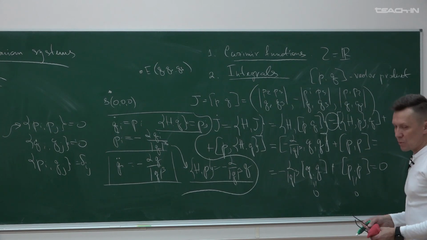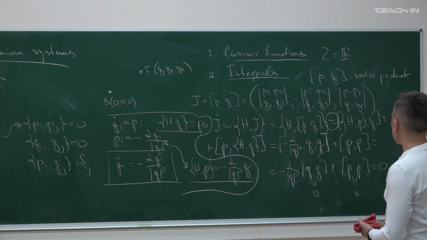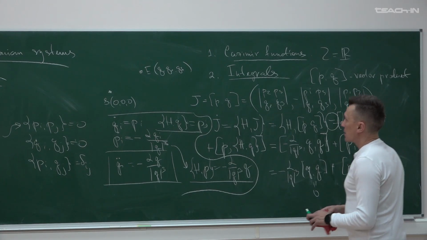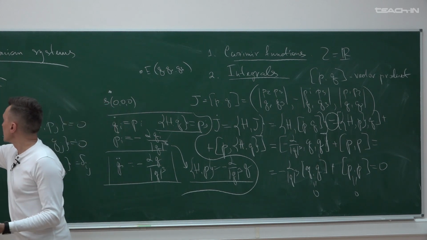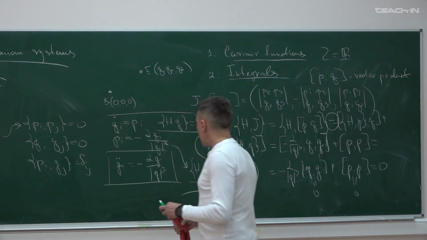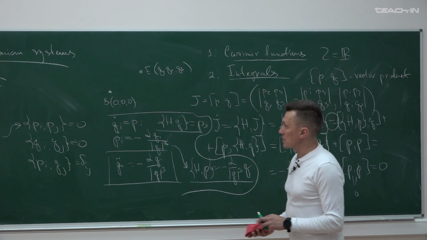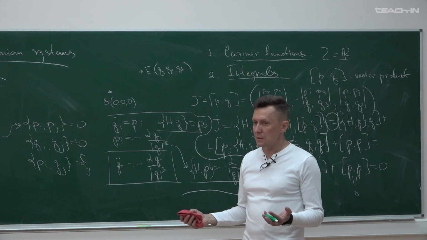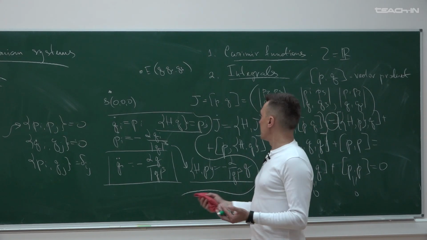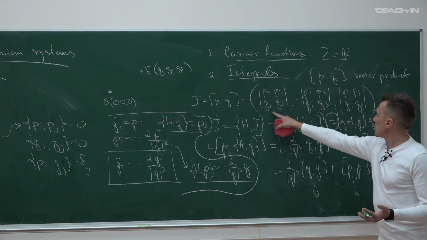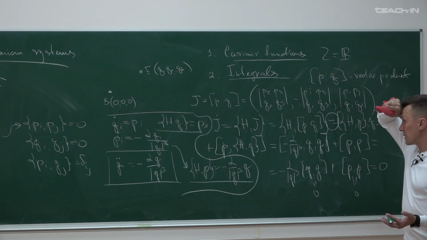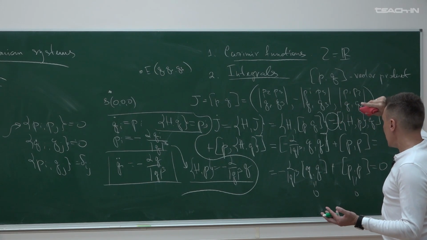Okay. So what's the result? That we have a dynamics defined by this Hamiltonian. You know that the Hamiltonian is always an integral. And there are three integrals which are components of the angular momentum vector.